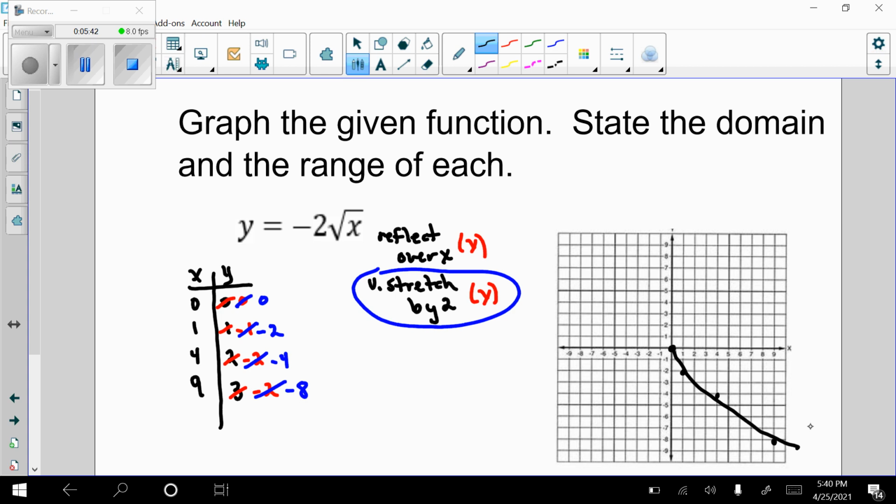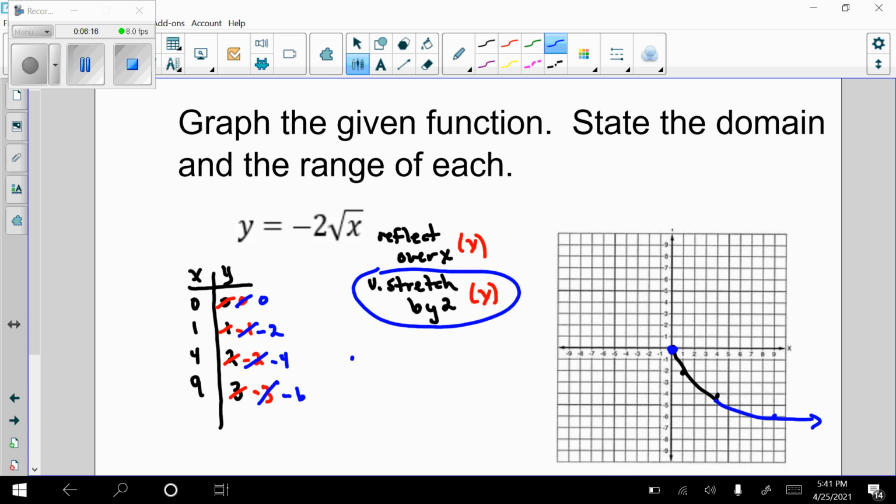I think I messed up my points here. That one should have been reflected as a -3, and then multiplied by 2 is a -6. I apologize for that. So that's a 9, -6 now. So it should look like this.